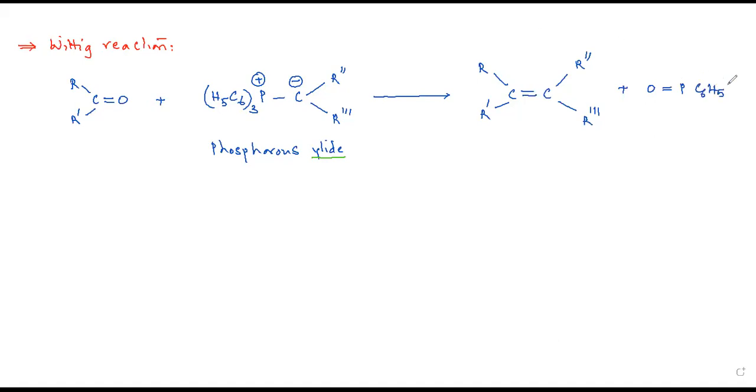Let me just write it this way. So this is how alkene can be prepared by the Wittig reaction. Now let me first tell you how the ylides are formed.